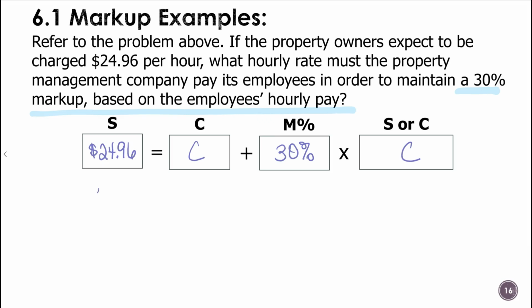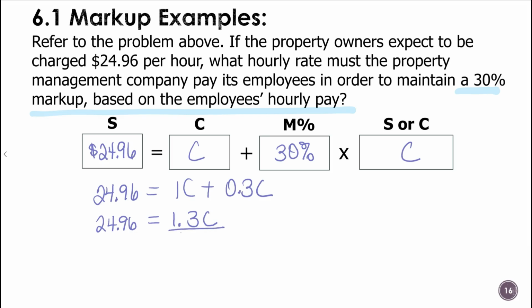And so our equation will be $24.96 equals 1C plus 0.3C, which is 1.3C. When we add those two together, we divide by 1.3 to solve the equation.